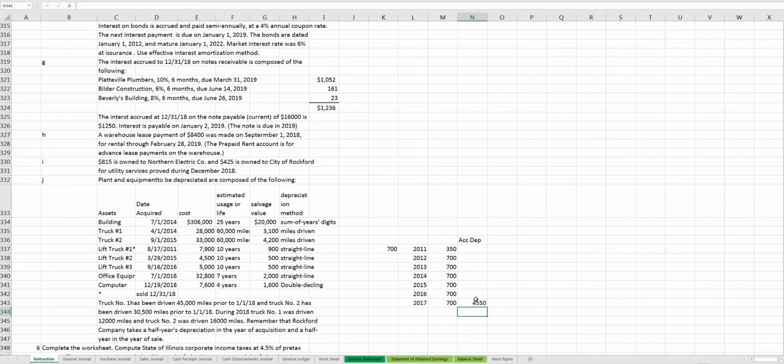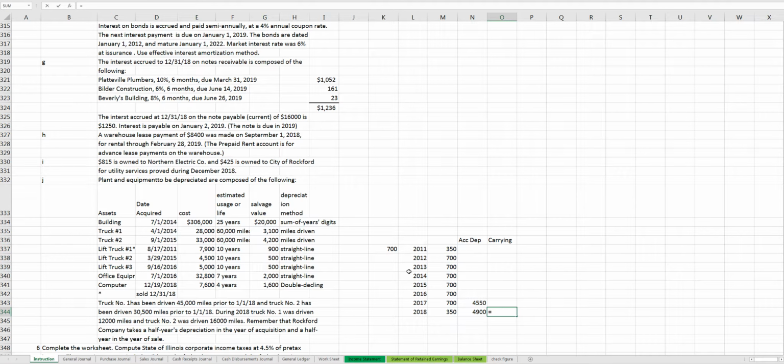We got this information in the transactions. So what is the 2018 depreciation? This is the year of sale, so we're going to follow the company's policy and do half a year of depreciation, and by the end of 2018, the accumulated depreciation will be $4,900.